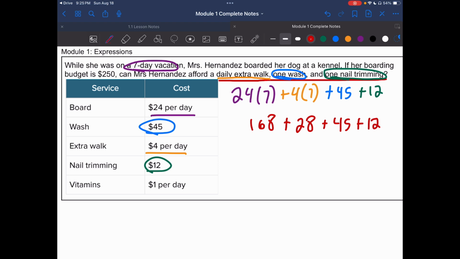When we add all of those things together, we find that the cost of 7 days of boarding plus 7 days of an extra walk plus the one wash plus the one nail trimming comes to a total of $253. So, does she have enough money in her budget to do everything that she asked? The answer is no. She would be $3 over the budget that she had planned to board her dog.